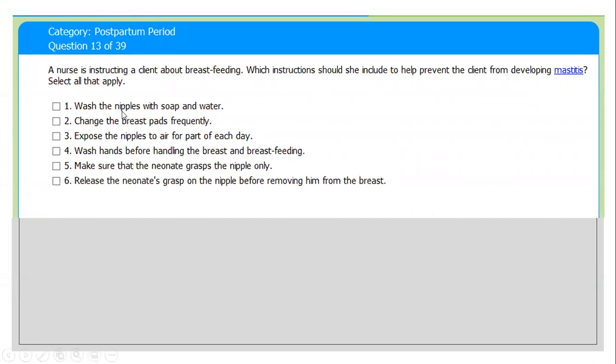Washing the nipple with soap and water. Change the breast pad frequently. Expose the nipple to air for part of each day. Wash the hands before handling the breast and breastfeeding, and make sure that the neonate grabs the nipple, and release the neonate's grasp on the nipple before removing him from the breast.